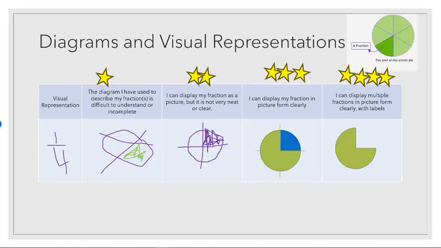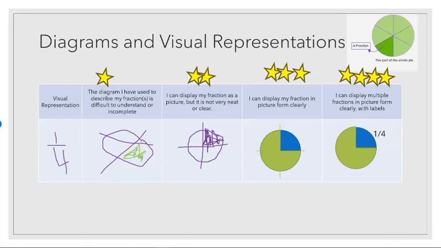So that's where you might actually represent your fraction a bit like that. Very similar to the last one, however, you have literally gone in and said 1/4, and you've actually labelled it.